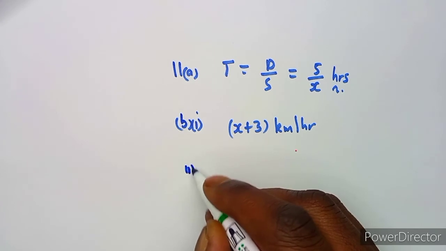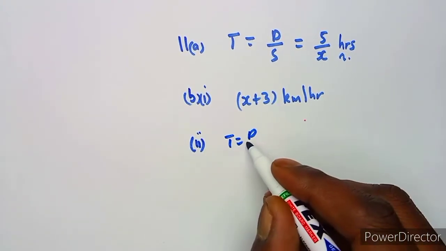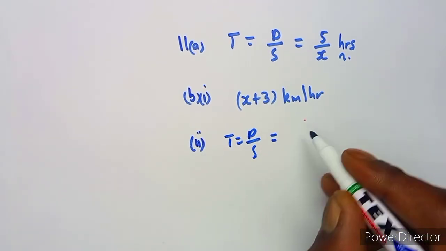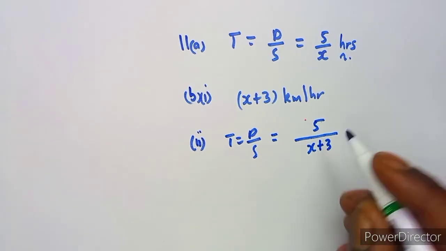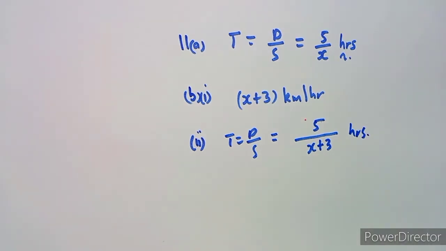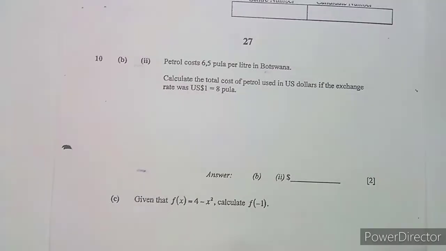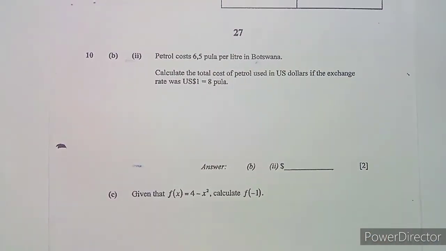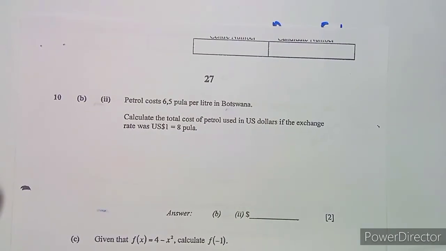Remember the expression for time: time is distance over speed. So our distance will be 5, and the speed now will be x plus 3. So this is now our time in hours. All right, so that's what you're going to have.